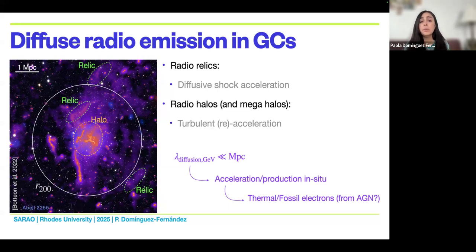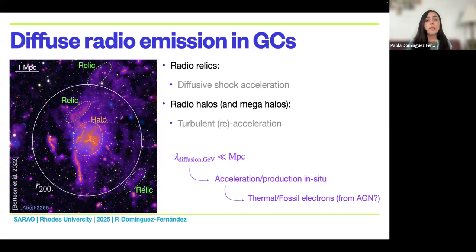When we take a look at the typical diffusion scales of giga-electron volt electrons, we find that that scale is considerably smaller than the megaparsec scale of the emission that we are observing, which is pointing to the fact that we need some sort of mechanism that is continuously accelerating the electrons to maintain them at those energies such that we can observe them in the radio band, or that these electrons are being produced locally.